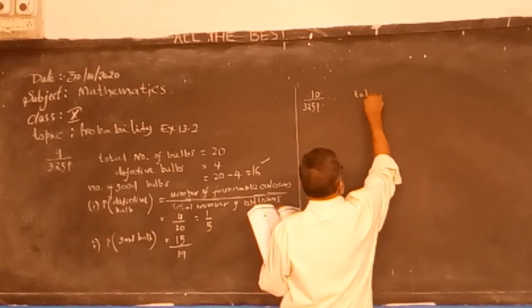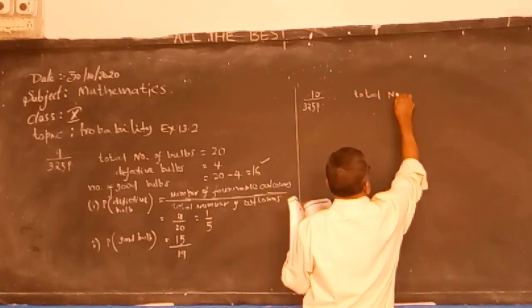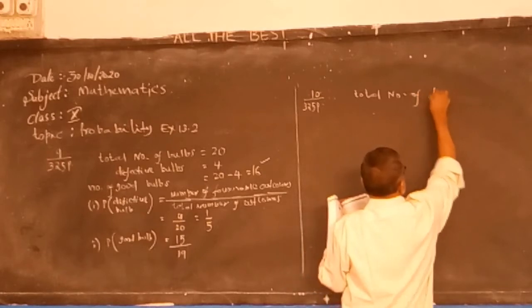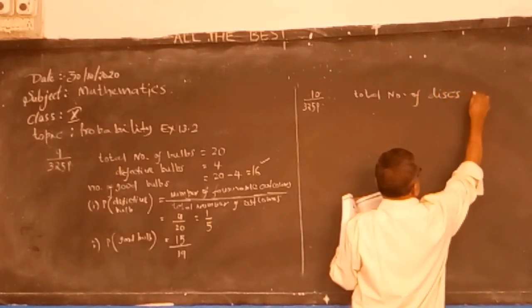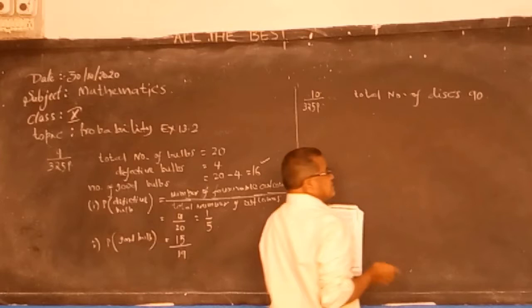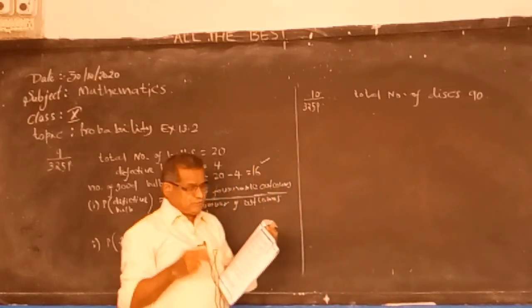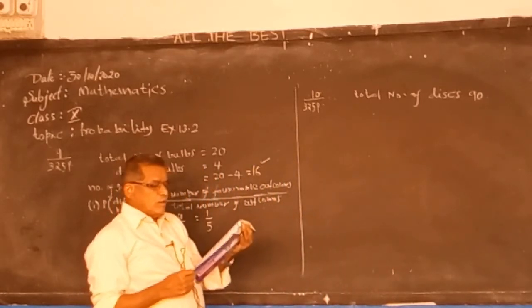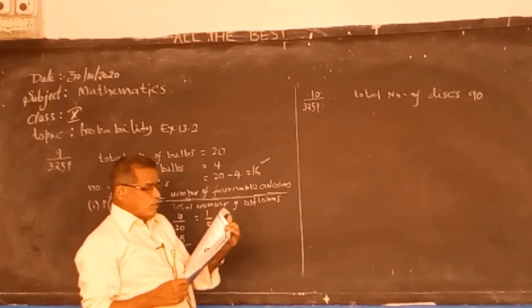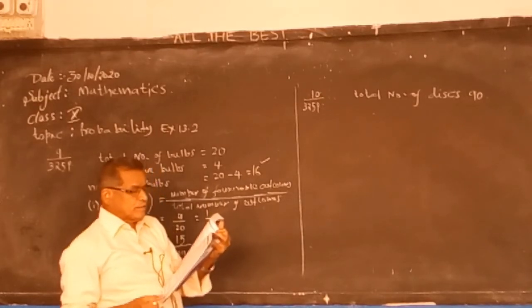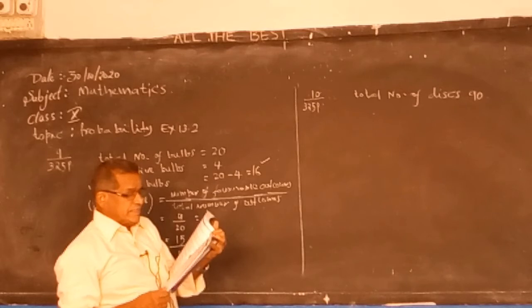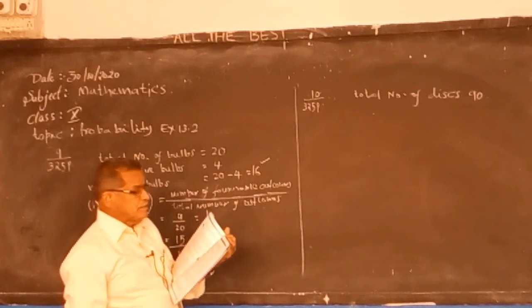Total number of discs is 90, numbered 1 to 90. One disc is selected at random from the box. Find the probability that the disc bears a 2-digit number.